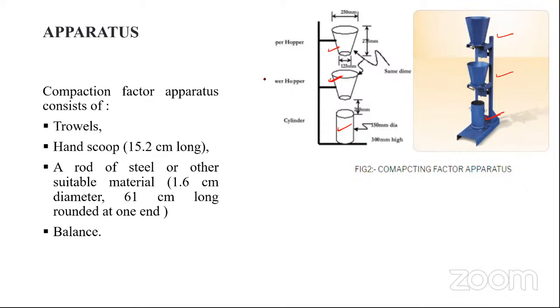In this test we are just filling the concrete in the first hopper bottom without any tamping with the tamping rod. We are not compacting the concrete in the first hopper.